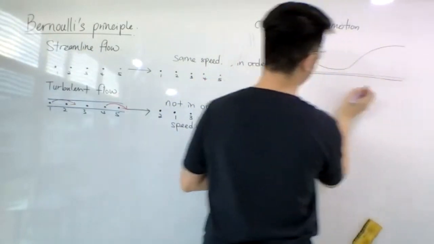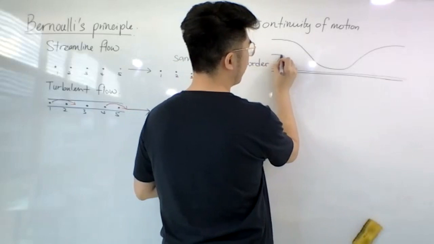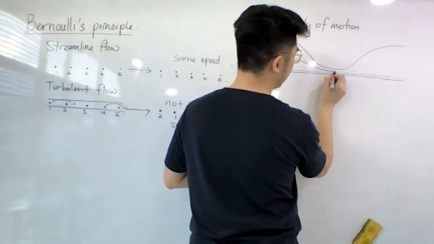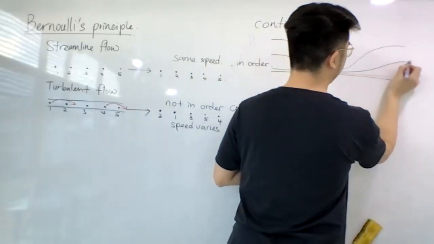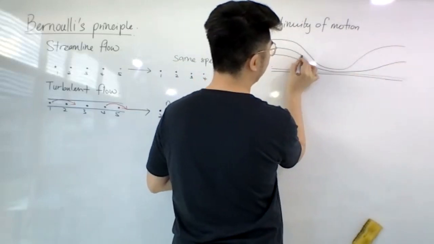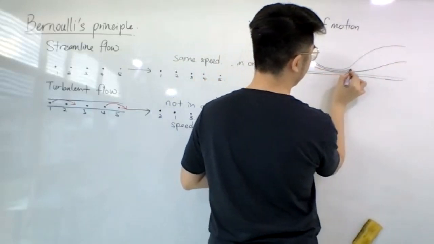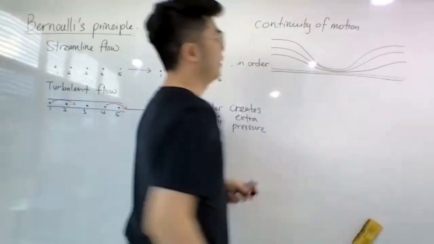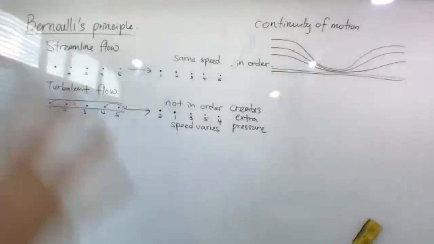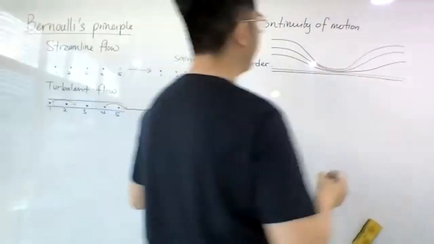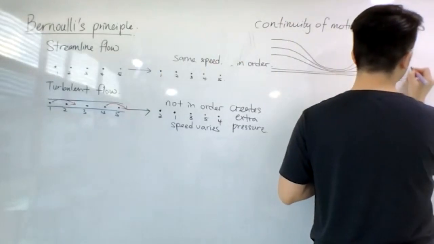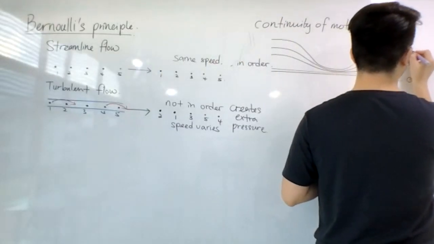This is the first one. Let me draw the second one, a continuous line like this, and one more line here. Now we have three streamlines: streamline number 1, number 2, number 3.